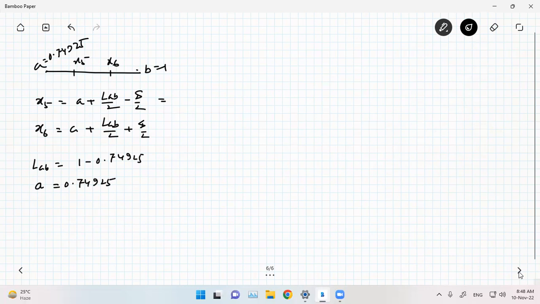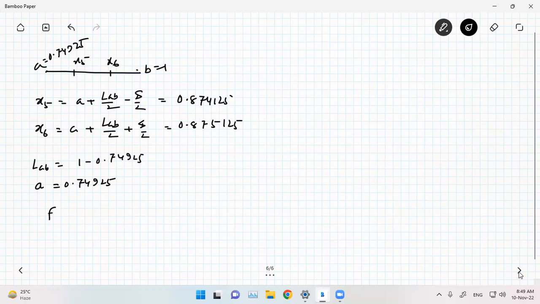So it will give you approximately a value of 0.874125 for x5, and here it will be 0.875125 for x6.